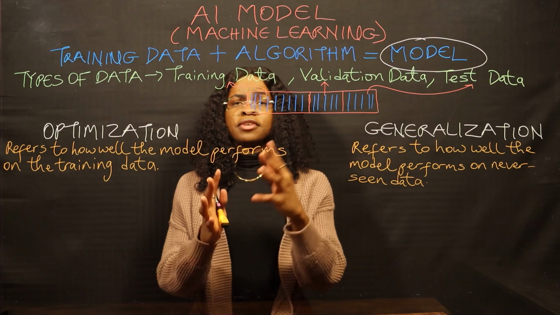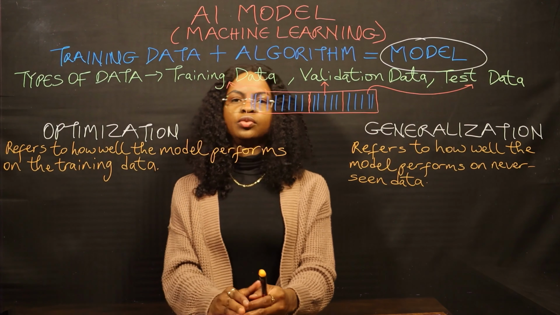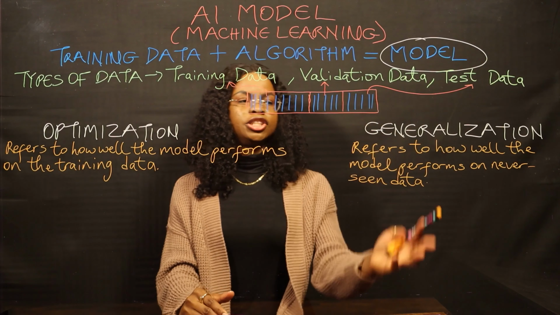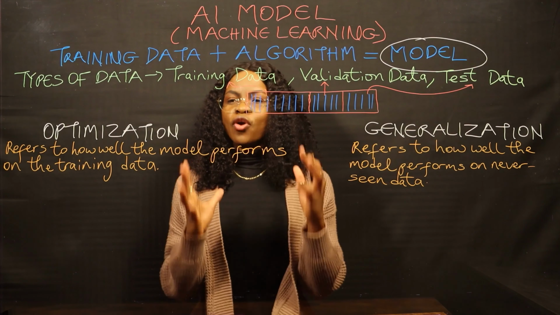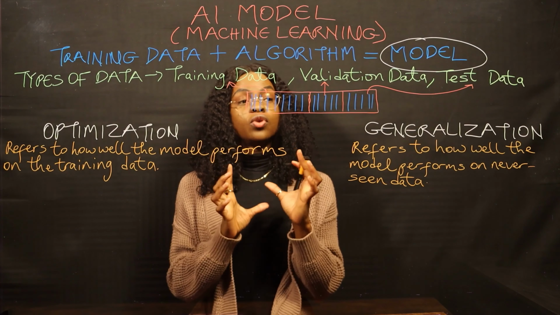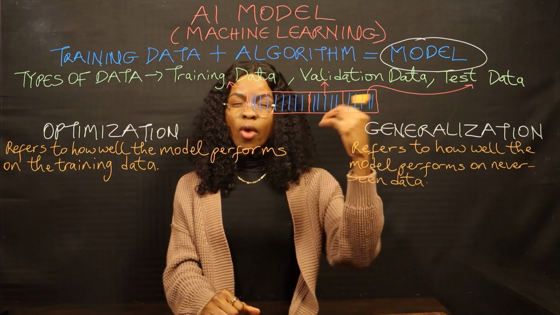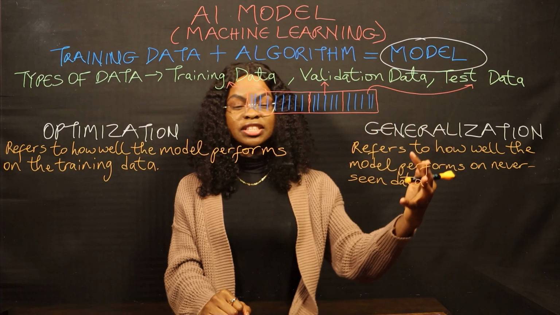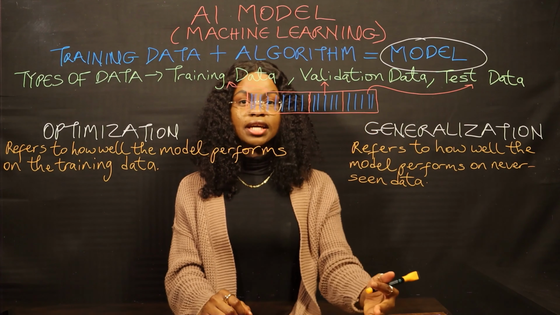So in machine learning, training a model, there's always this tension between optimization and generalization. The real goal is to ensure that your model generalizes well to never seen data. That's to test the outside real world data.